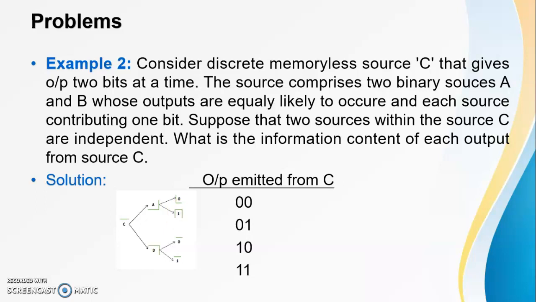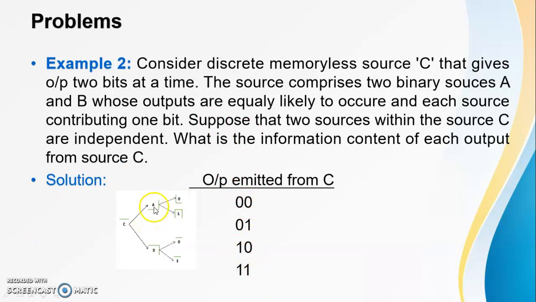Now the problem is to find the information content of each output from source C if A and B are independent binary sources. Source C has two output sources A and B, so each time the output emitted from source C is 2 bits. So the output will be 0 0, 0 1, 1 0 and 1 1.